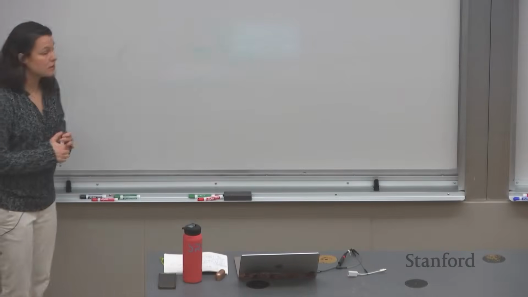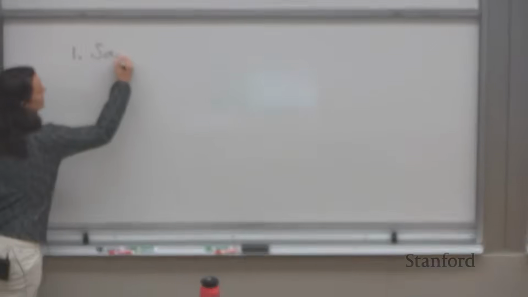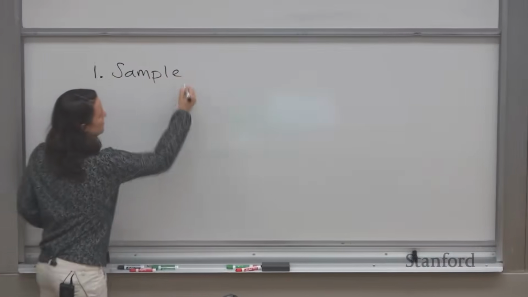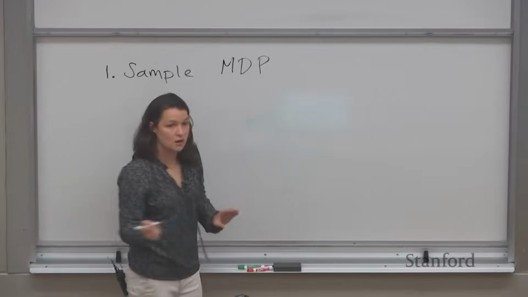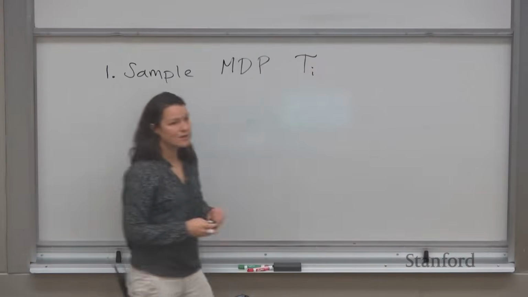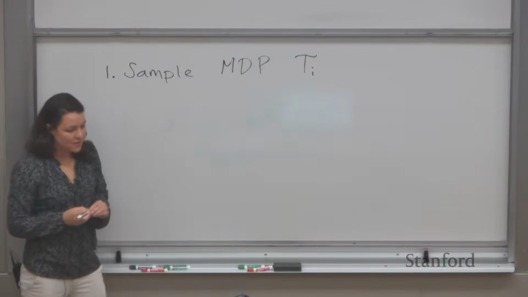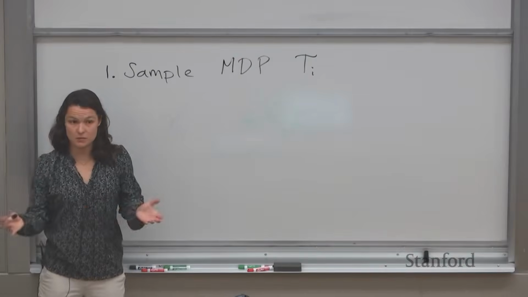What this looks like is we will sample a task or an MDP. Let's call this MDP Ti. And then we're going to run our policy in that MDP for multiple episodes.